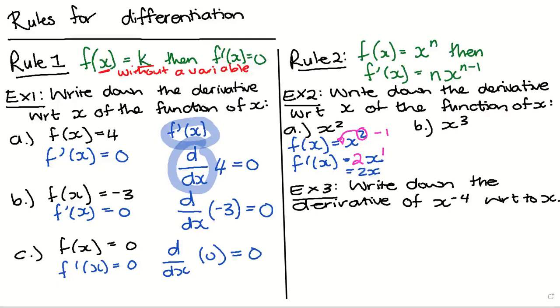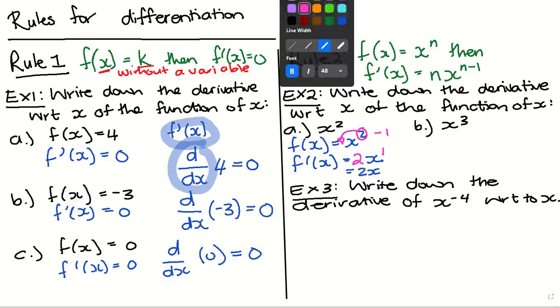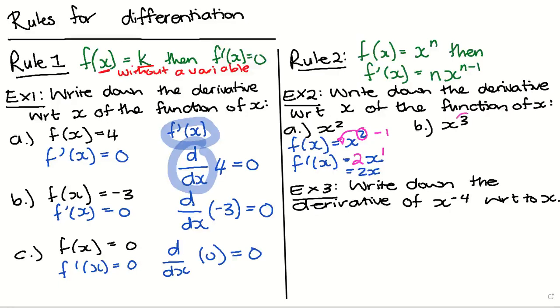Let's go try it with x to the power of 3. We first take the exponent, we bring it to the front, and then we're going to minus 1 from that exponent. Okay, so let's write that out.